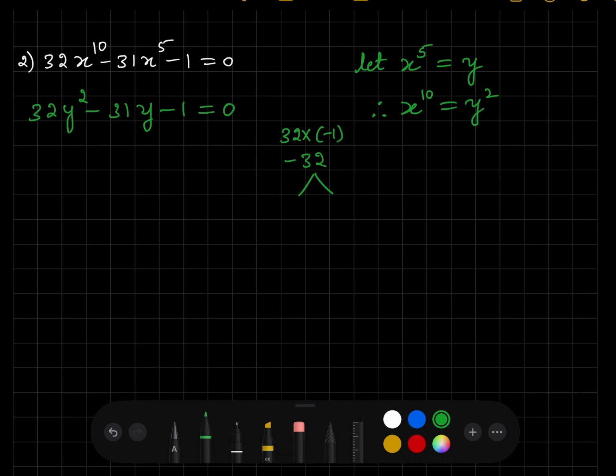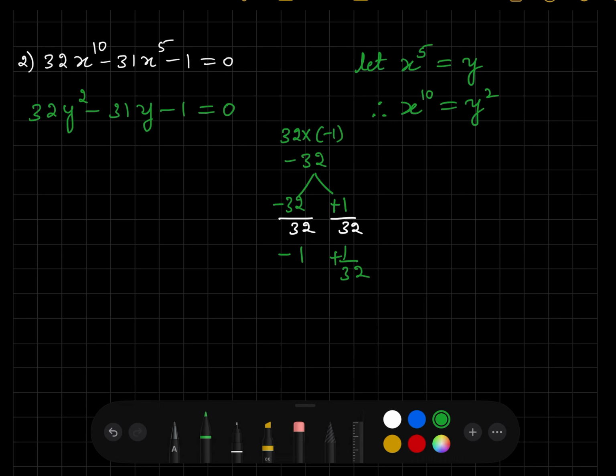It's 31y we want, so I can say negative 32 times positive 1 would give me negative 32, and negative 32 plus 1 would give me negative 31. Since the coefficient is 32, we will have to divide by 32. So here it will be negative 1, and this is 1 over 32 plus 1 over 32.